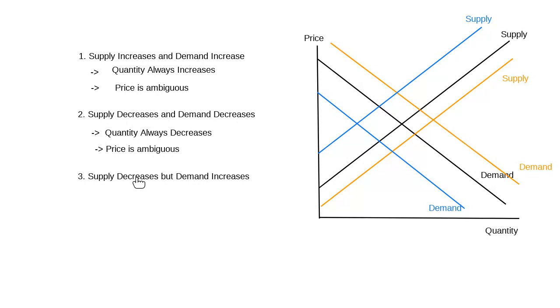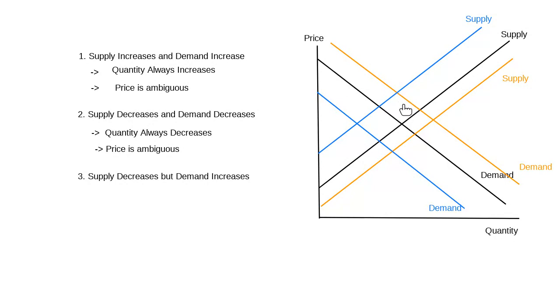And supply decreases, so we're going to use the blue supply curve. So supply is going this way, demand is going this way. That means that the new equilibrium is going to be somewhere above the old equilibrium, corresponding to the black supply and demand curves. It's going to be somewhere up here, somewhere contained in this triangle, and I guess all the way up. There'll be some boundary issues over here.